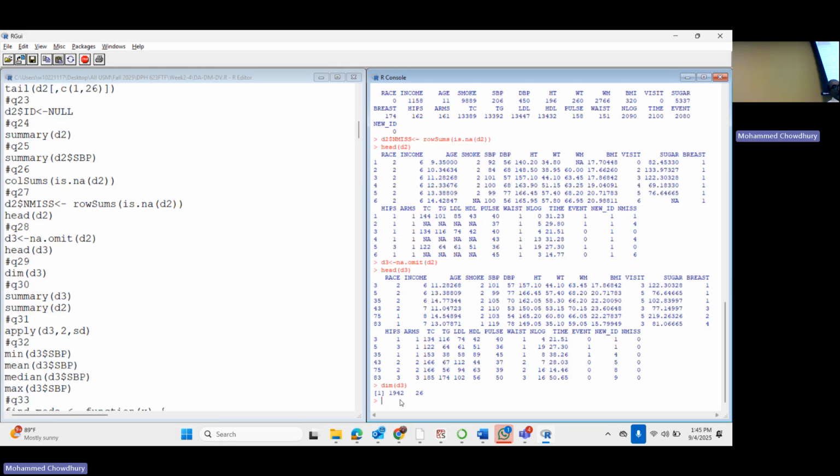So the data that has 1942 rows does not have a single missing entry in any of the 1942 rows. This is the complete data. Understand, right?